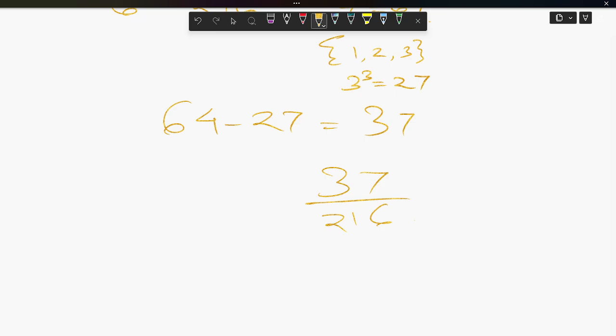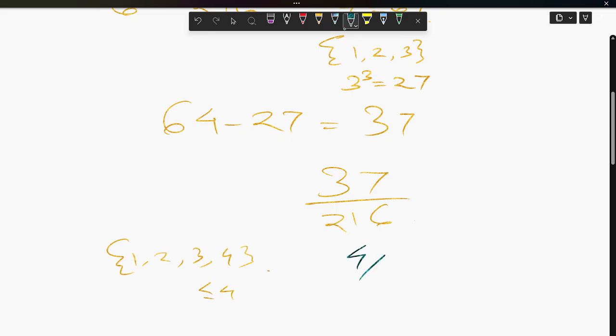So let me verify that with an alternative approach. Let's confirm by considering the events directly. The probability that a single throw is in 1, 2, 3, 4, that means less than or equal to 4, is 4 upon 6, that is equal to 2 by 3. Very good.